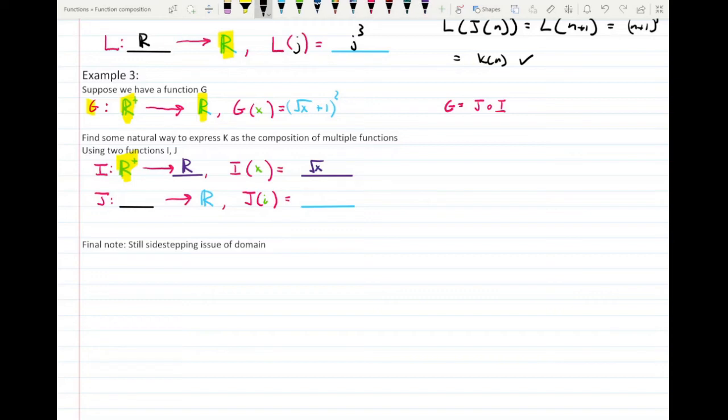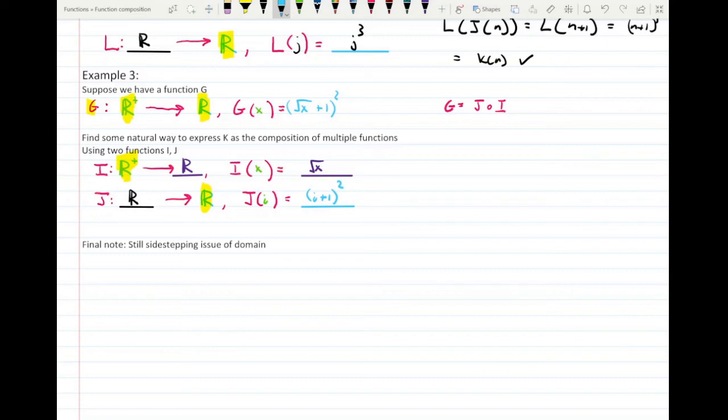Now j will input out of i's output and go to the same place that g sends its numbers. And it is going to include both the other steps. So j of I will be I, including the +1 step, and then including the squaring step.